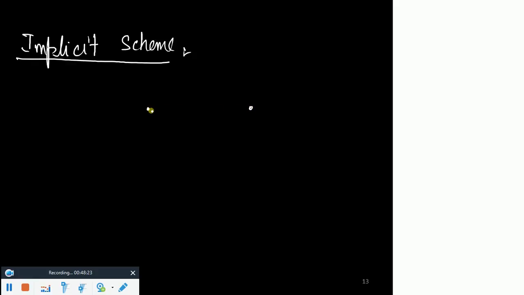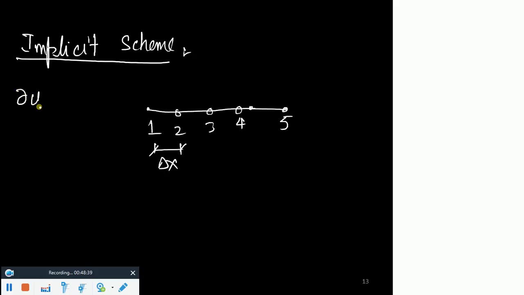Let's start this implicit scheme from again 1D, a simple system. So this is node 1, 2, 3, 4 and 5, and this is delta x. Now what was the numerical technique? This was partial T by partial t equals what? Alpha partial square T by partial x square.